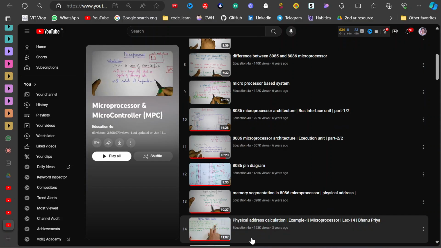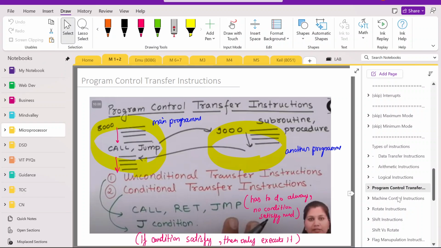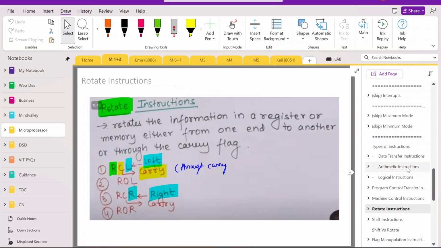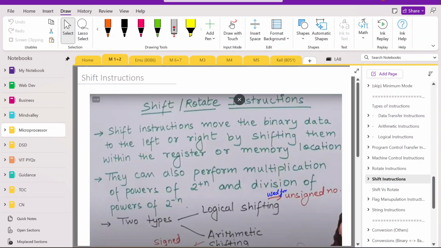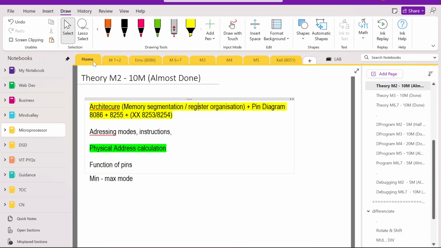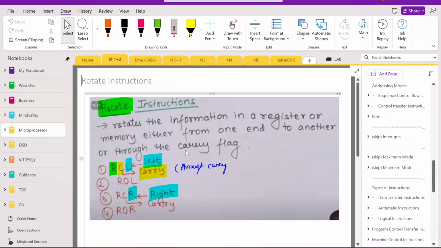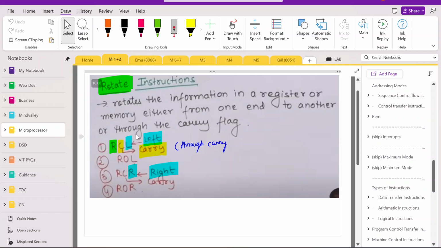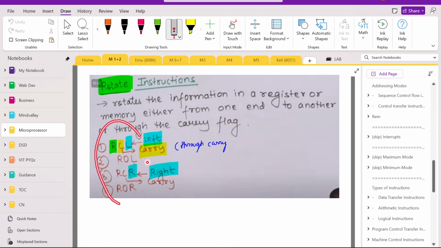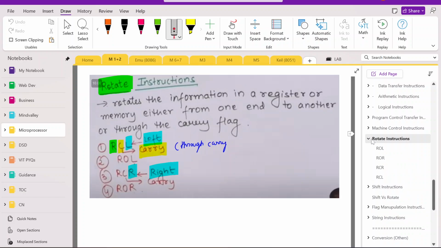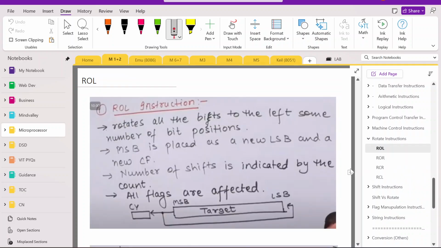Let me close it. So get to understand the theory of the instruction sets. This is another major part. They ask you the full form and its function, and they will also give you code to write, which I will come to later.